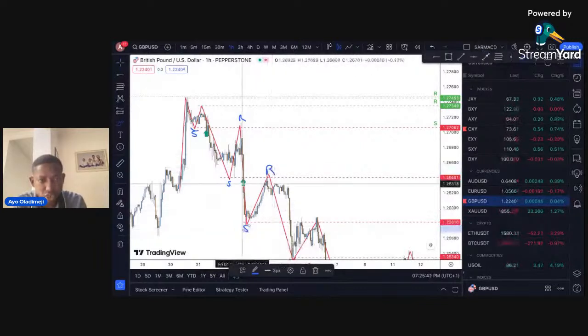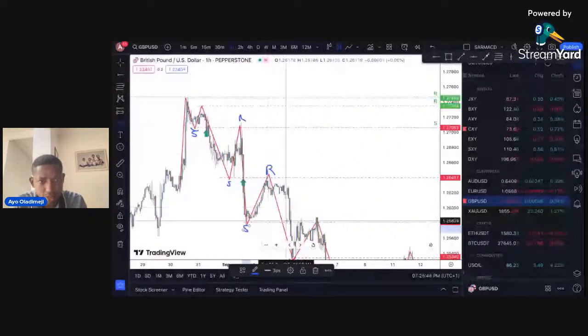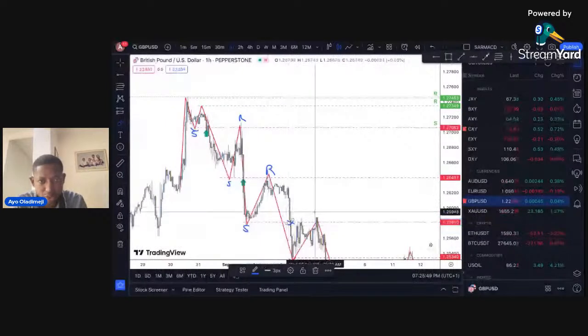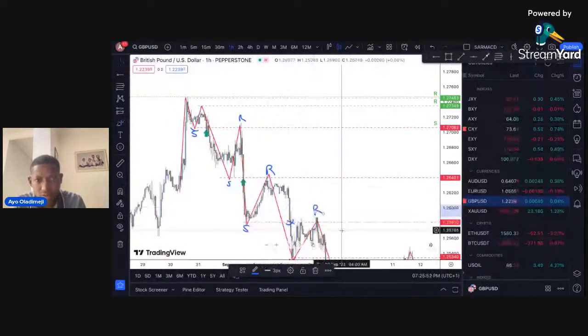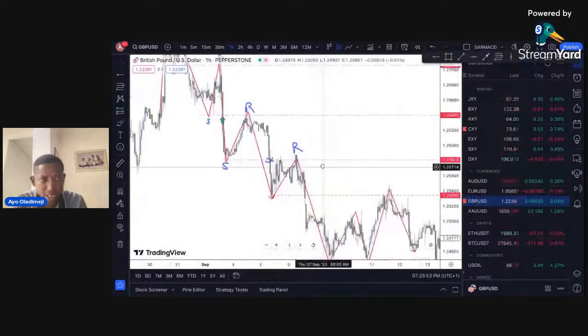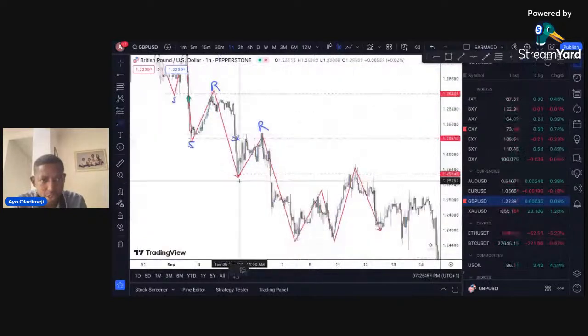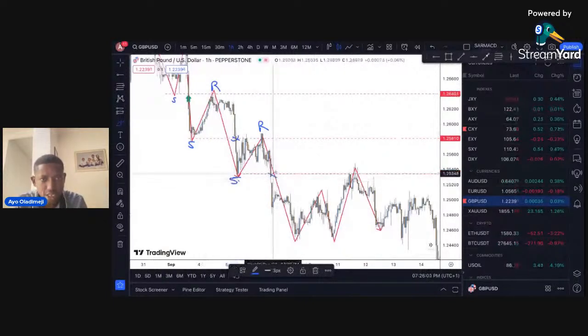Eventually, price broke through it here, and in the future that level became a resistance. Look at it again here. A support. Here, price broke through it. Later in the future, it came to that same level, and it became a resistance.